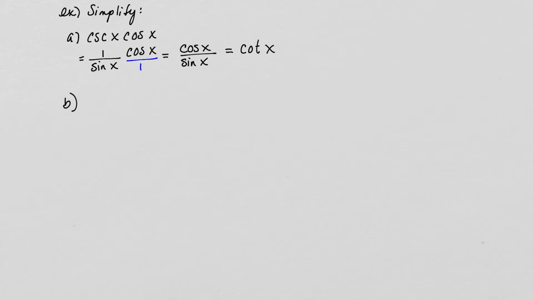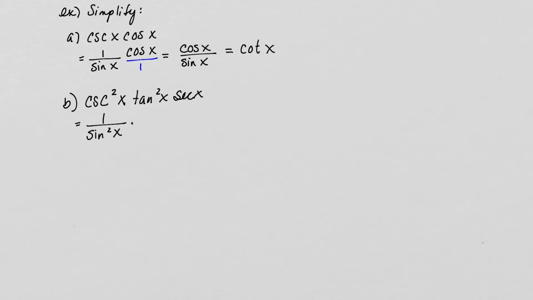This time I'll write out what I'm using in each step. So cosecant squared x times the tangent squared of x times the secant of x. I could rewrite each of those in terms of sines and cosines. The cosecant is 1 over sine, so the cosecant squared is 1 over sine squared of x.